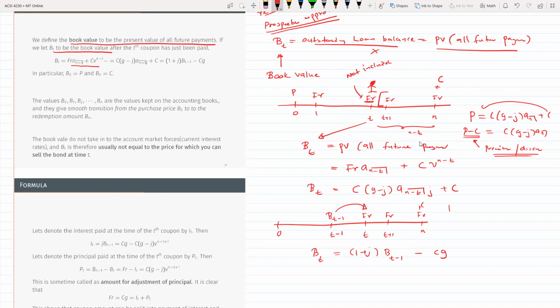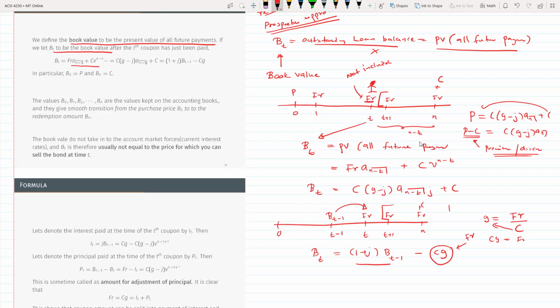Okay. So what is CG? CG is actually Fr. Remember how you define g? g is basically Fr over C. So if you multiply Cg, that is basically Fr. So this is actually Fr in a disguised way. So 1 plus j, this one is growing into here, then you remove that moment's coupon because it's already paid. So then you get the present value of all future payments.